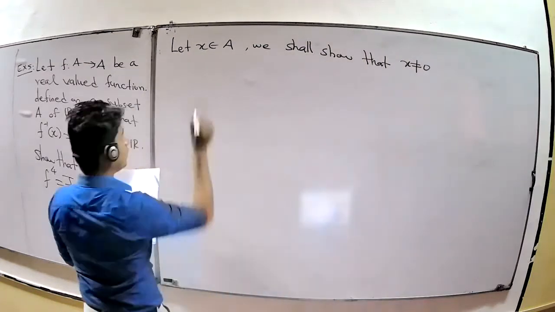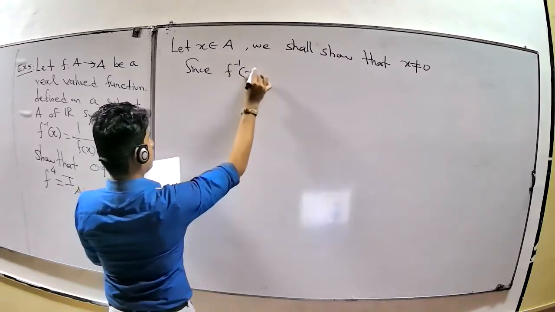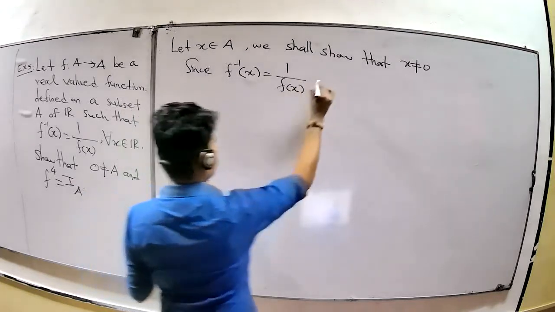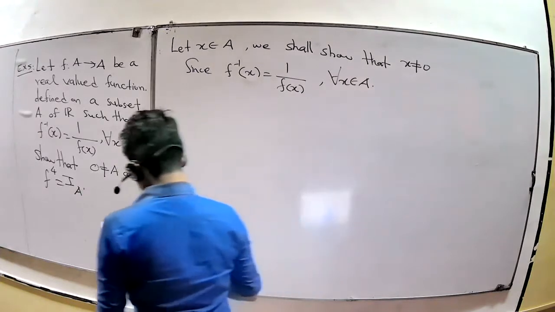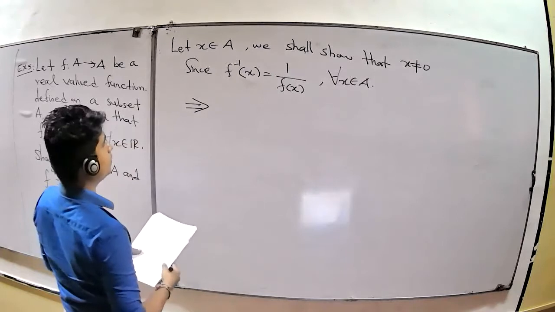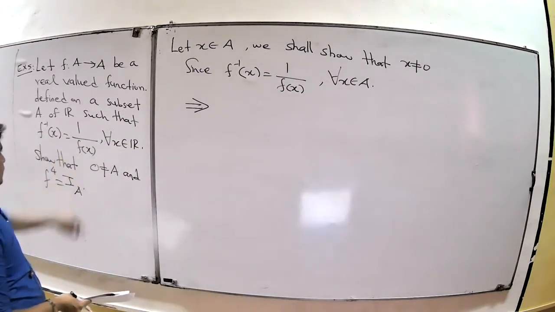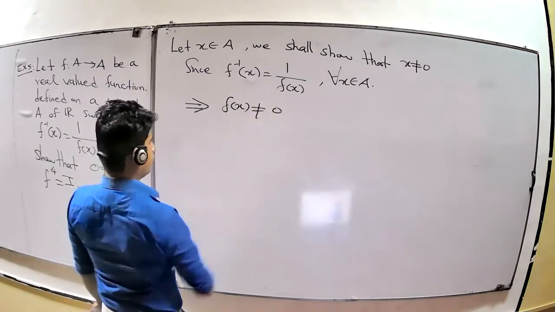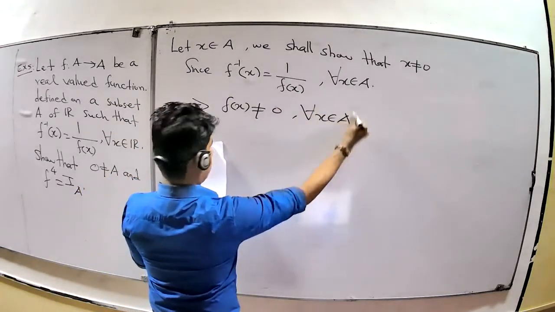Since you have f inverse of x equals 1 over f of x for all x belonging to A, this one exists, right? That means f of x is non-zero, otherwise it is not defined. Therefore f of x is non-zero for all x belonging to A.